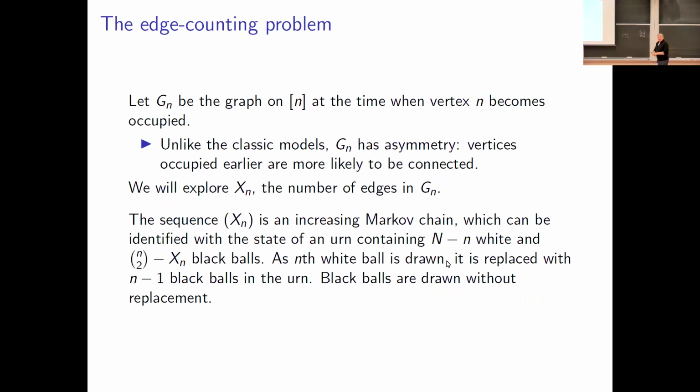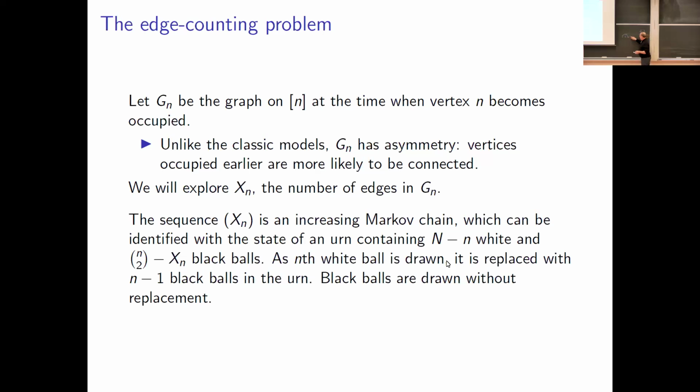Okay, so there are many questions that can be asked about the graphs. But the first most obvious is what is the number of edges at the time when the number of vertices becomes little n. That's the random variable which we will discuss in this talk, and I call it Xn. This is the number of edges in Gn. Say if we add here element 4, then this is a separate thing.